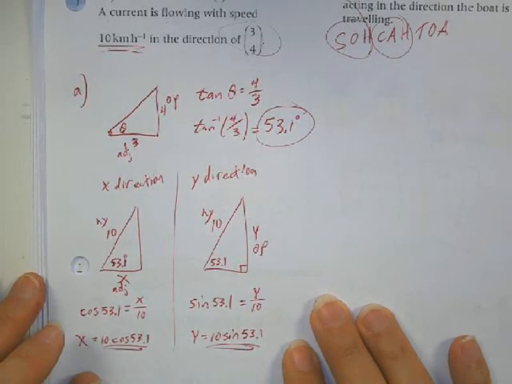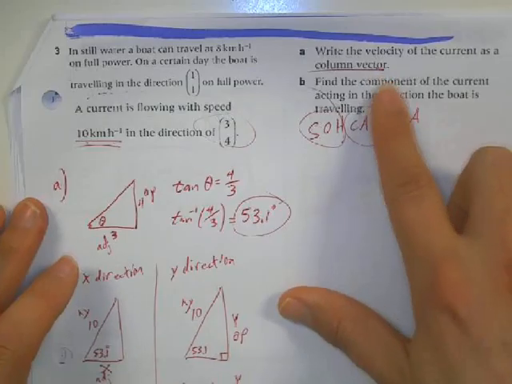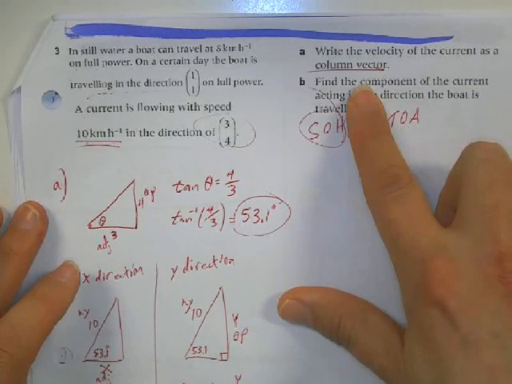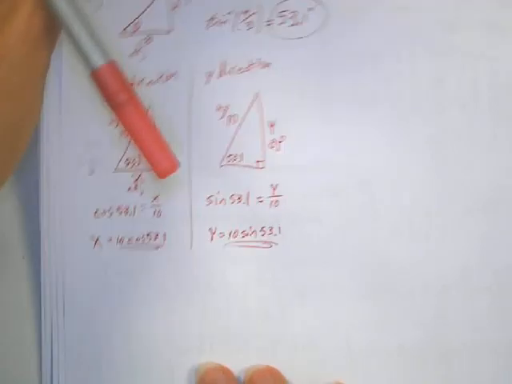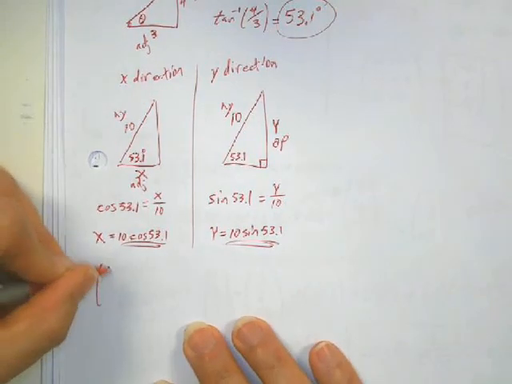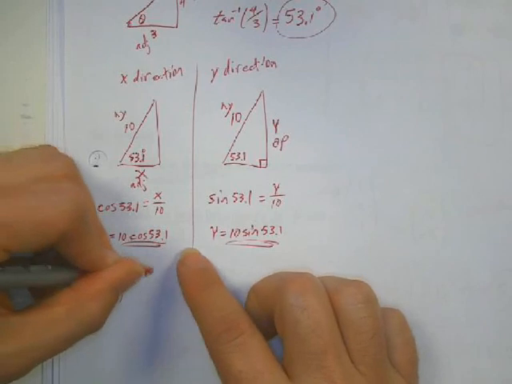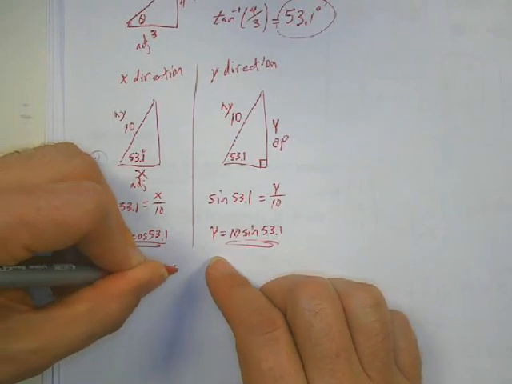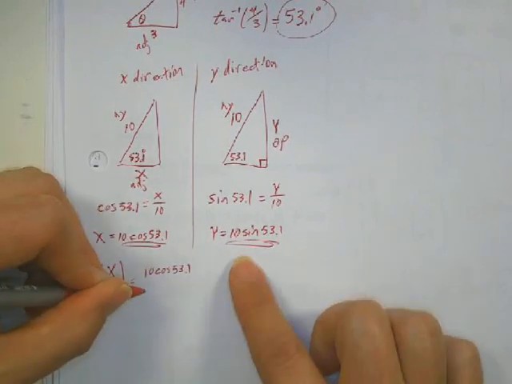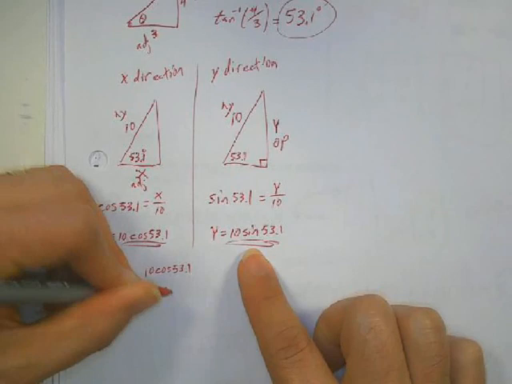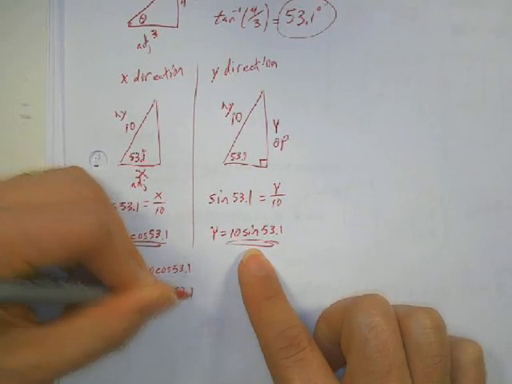Okay, so now I want to write this as the velocity of the current as a column vector. So the velocity of the current as a column vector is equal to 10 cosine 53.1 and then 10 sine 53.1.